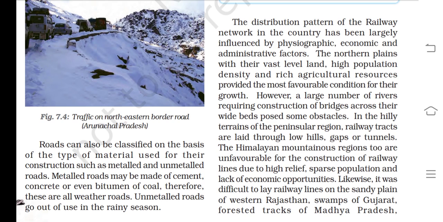If you are talking about the northern plains, with their vast level land, high population density, and rich agricultural resources, they provided the most favorable conditions for the growth of railway lines.